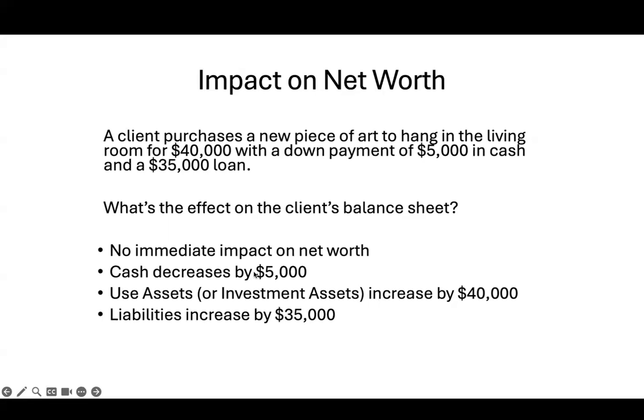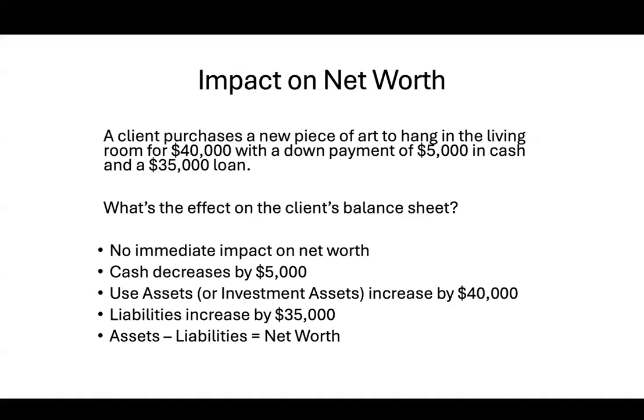So $35,000 increase in assets, $35,000 increase in liabilities. So assets minus liabilities equals net worth. So if we say 35 minus 35 equals 0, right? No impact on net worth in the immediate term for this transaction.